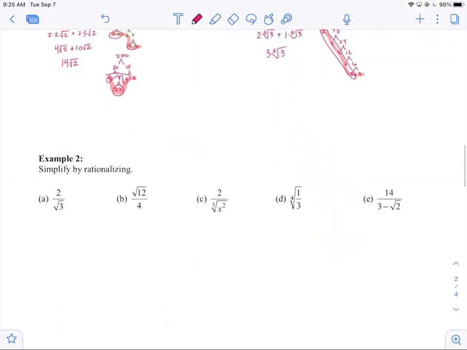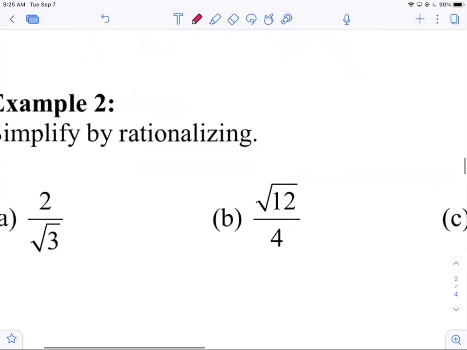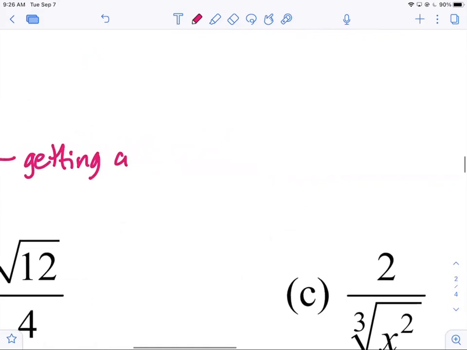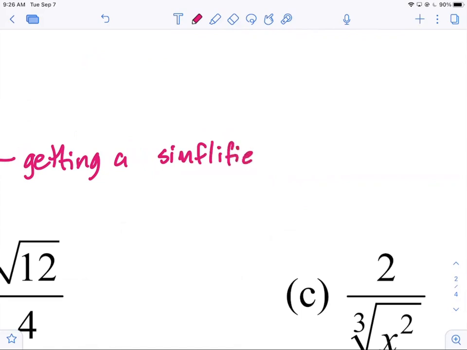All right, example 2. It says to simplify by rationalizing. Now, let's talk about what rationalizing means. Rationalizing means getting a simplified radical to the other side of the fraction.